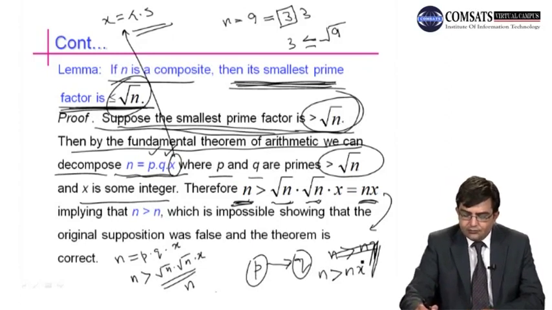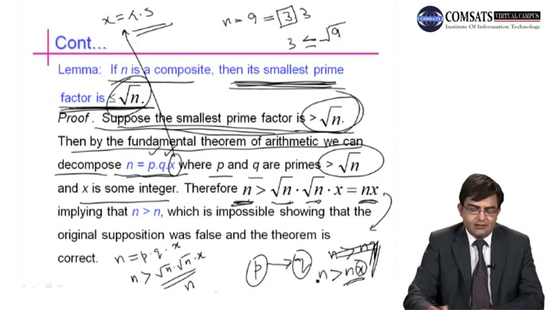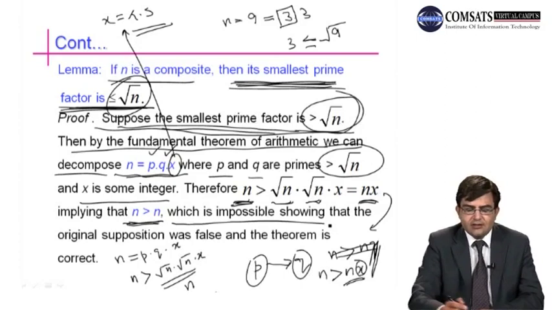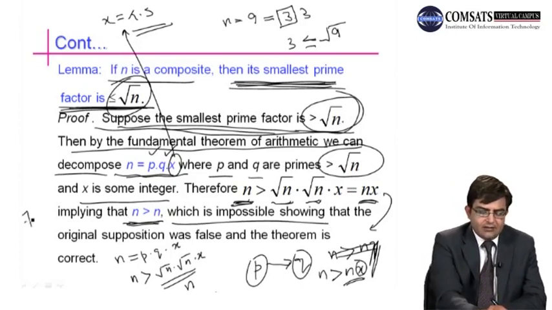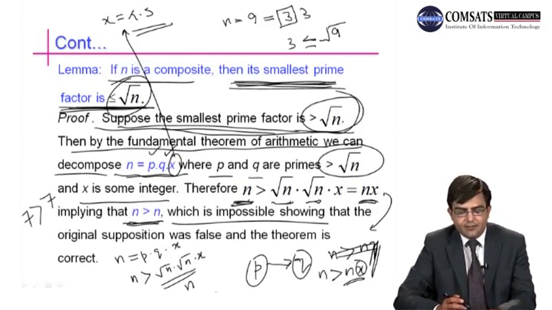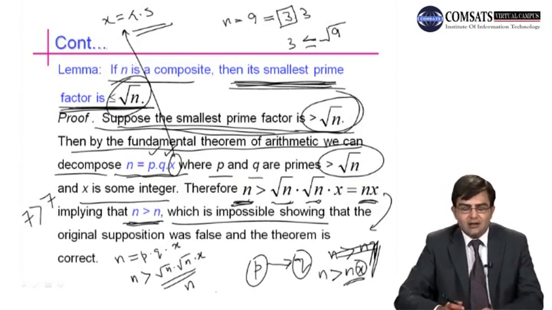If we leave x here, because n is greater than the product of two numbers, then both numbers must be less than n. So we can conclude here n is greater than n, which is impossible, because n is any composite number, and a number cannot be greater than itself, which is impossible.